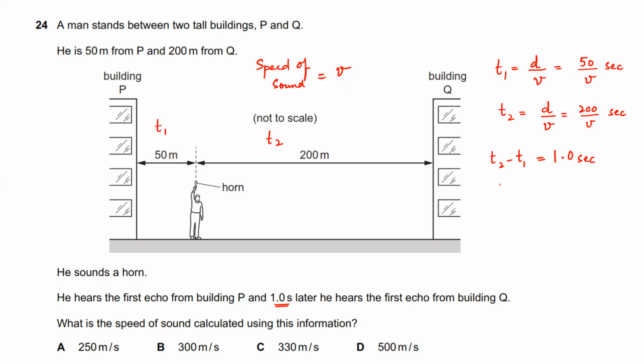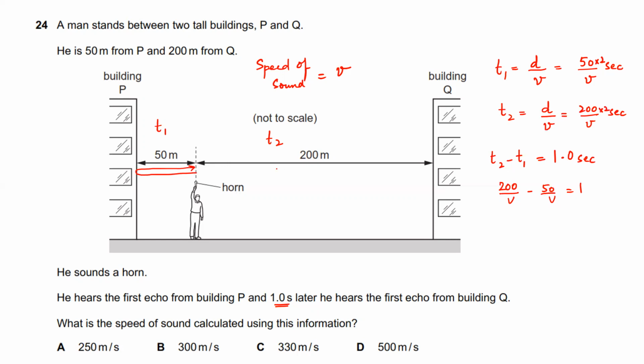So if we say 200 by V minus 500 by V is equal to 1. Sorry, not 200. The distance traveled will be this and then back, so it will be multiplied by 2.